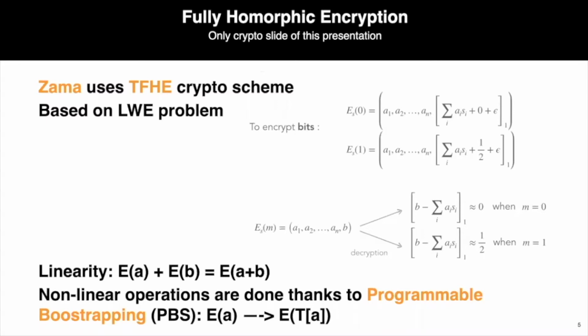For the non-linear part, it's much more complicated, and I'm not going to detail this, but it's related. There is a way to compute, from the encryption of A, the encryption of T of A, where T is a table that you can choose. This is what is called programmable bootstrapping, which is one of the core technologies of the Zama company. It's really important because it's the only way for us to compute nonlinear operations.